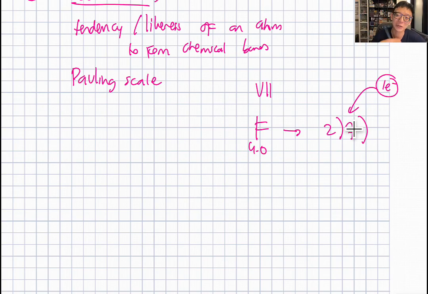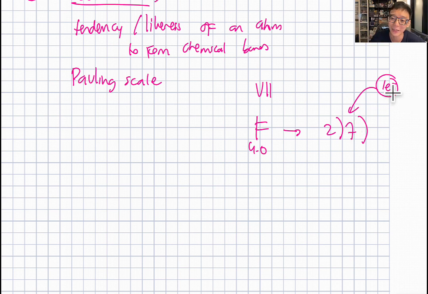Compared to group 16, they need 2 more. If they are offered 1 electron, they say, yeah, I can take it. But imagine F, it really wants it, because it needs 1.